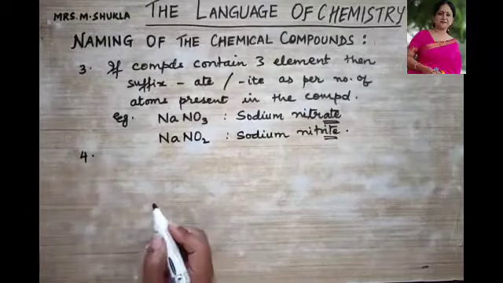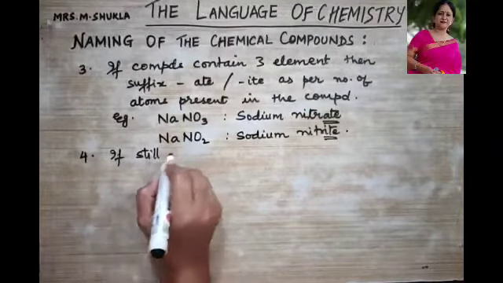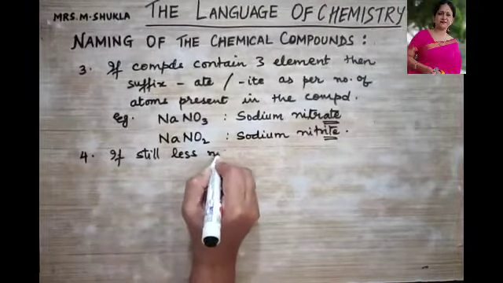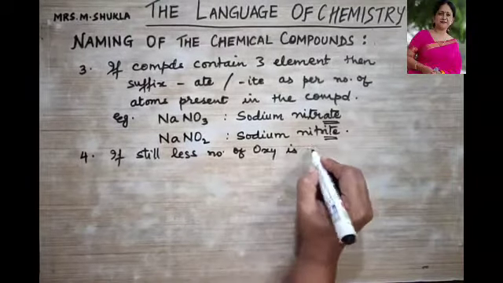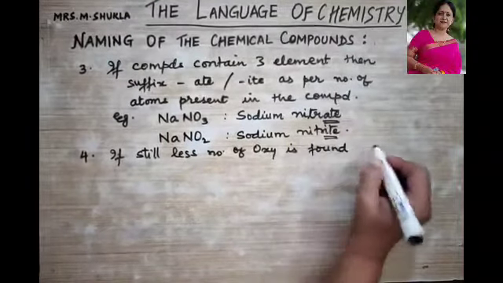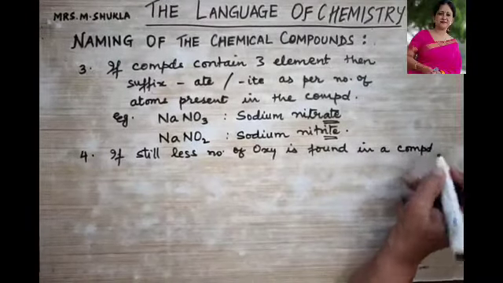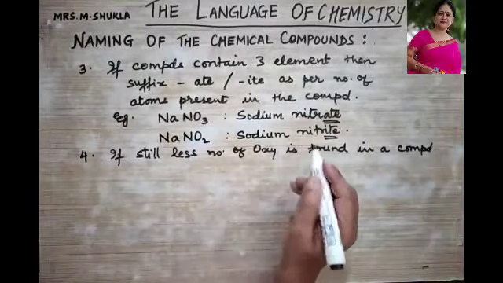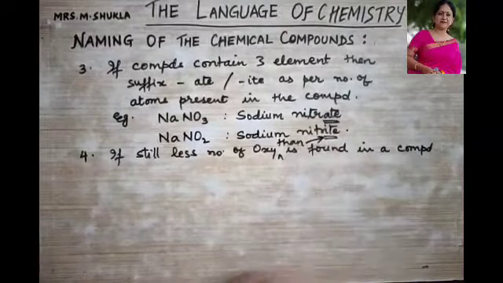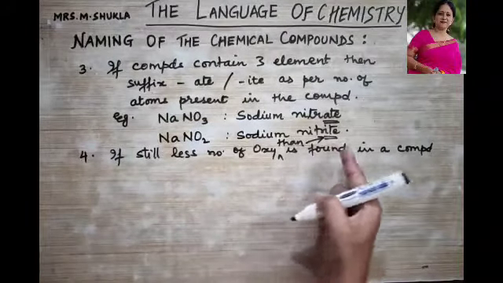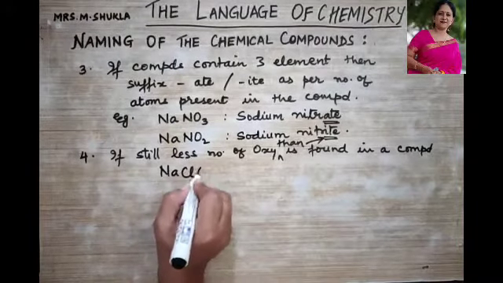We next come to the fourth kind. If still less number of oxygen than ite is found in a compound, like NaClO.